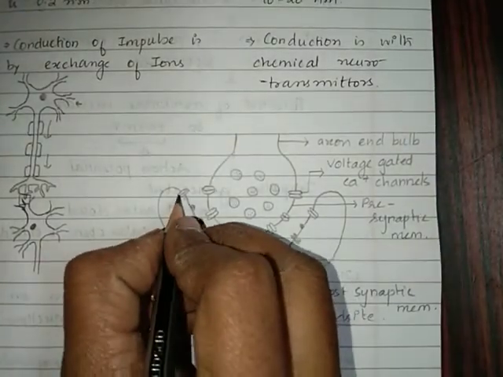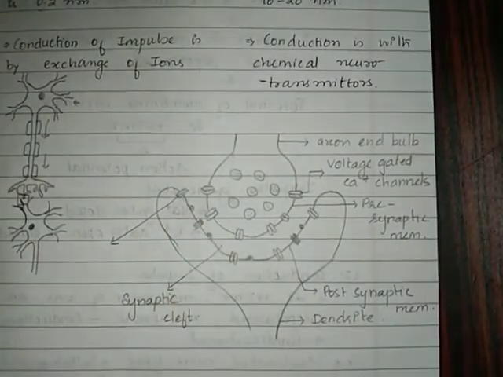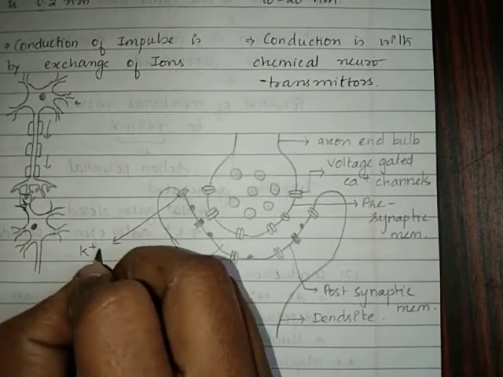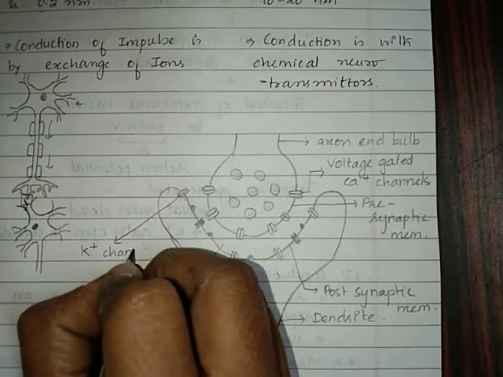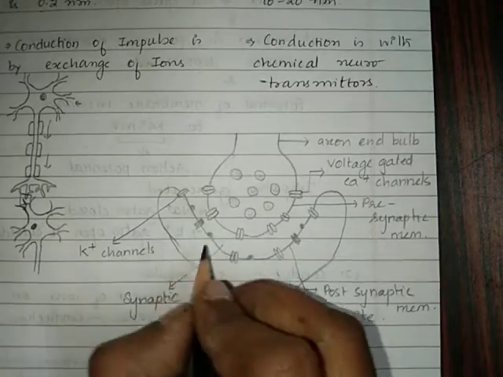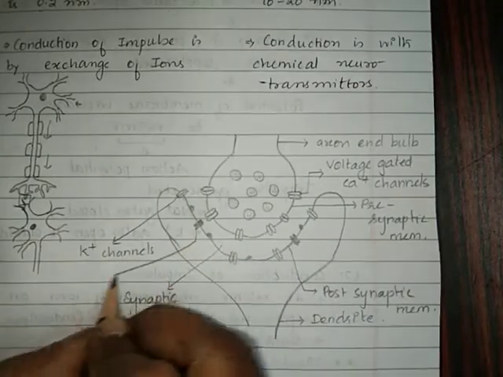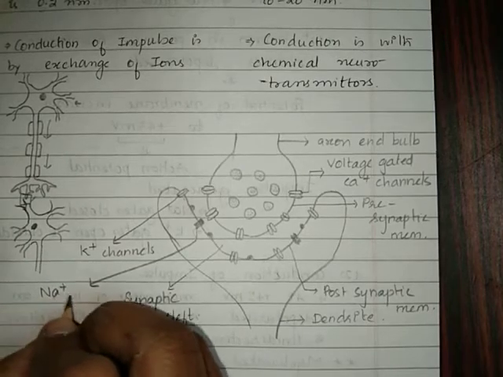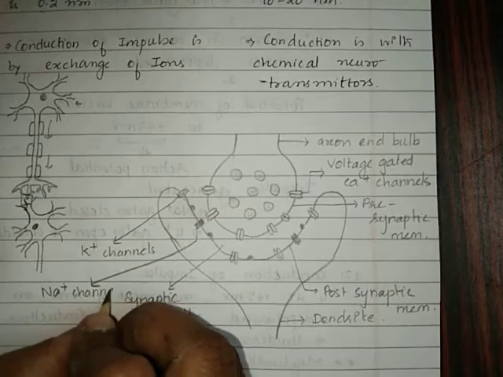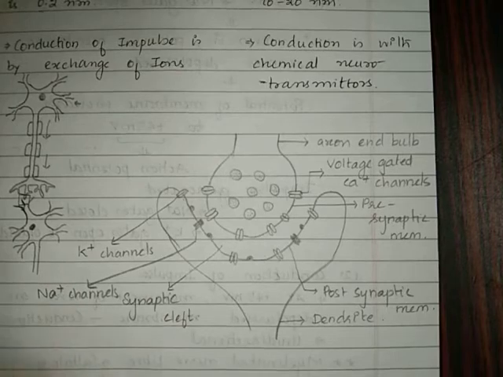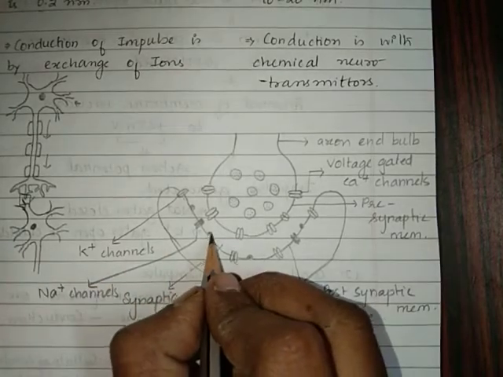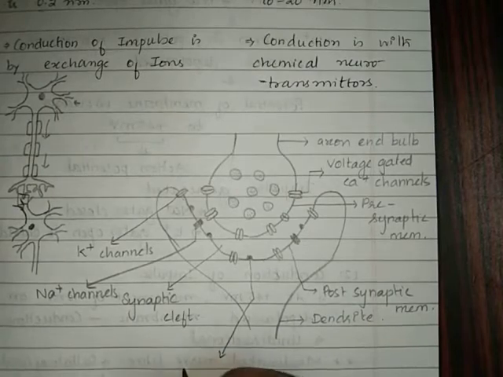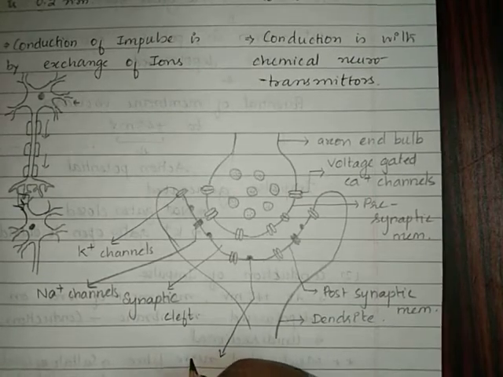This one is called potassium channels, and the other type is called the sodium channels. And what I have put as a darkened dot here, these are the chemoreceptors.